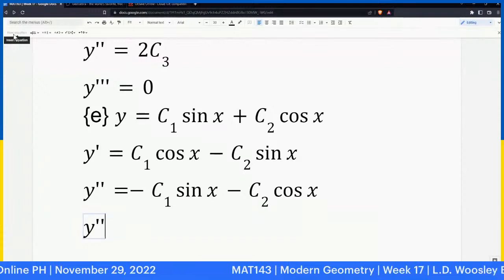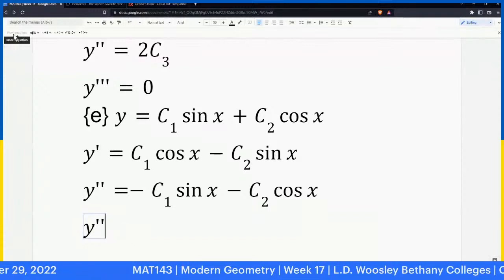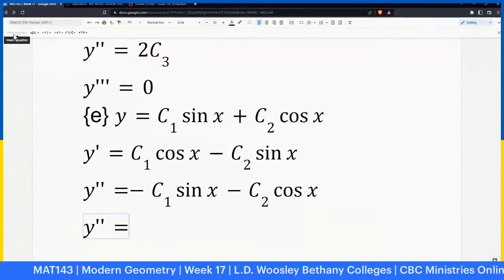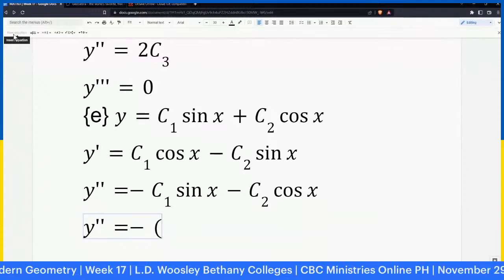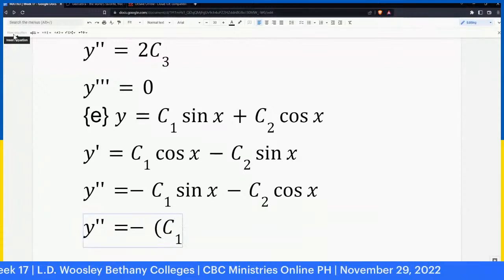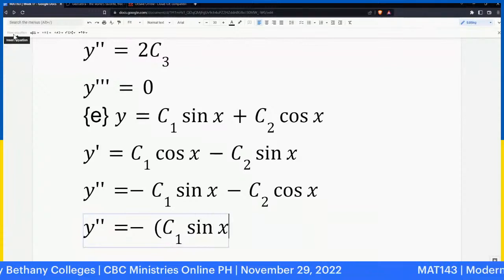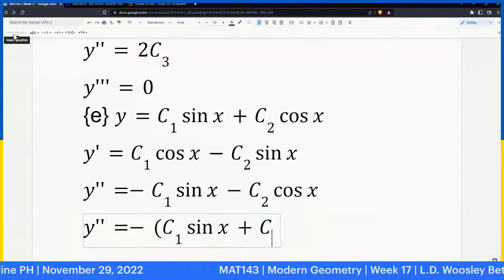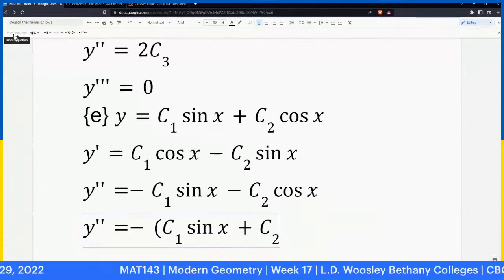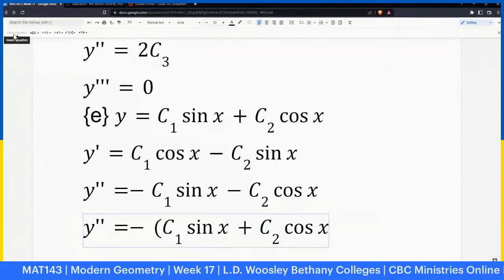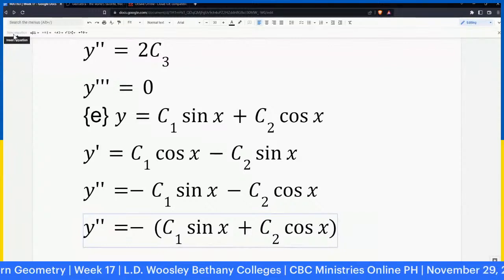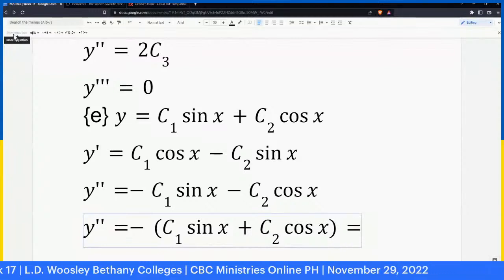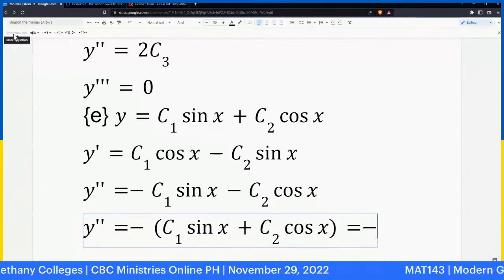So if that would be the case, y double prime is equal to negative of c sub 1 sin x plus c sub 2 cosine x. And basically, that is equal to y. So therefore, this is equal to negative y.